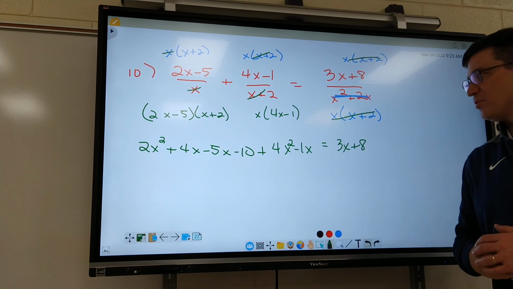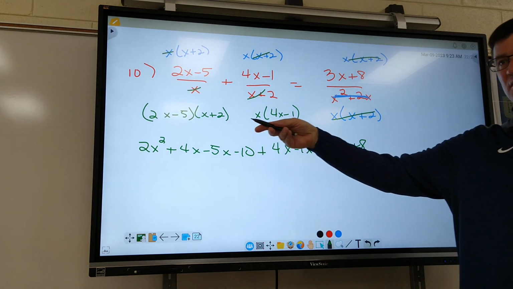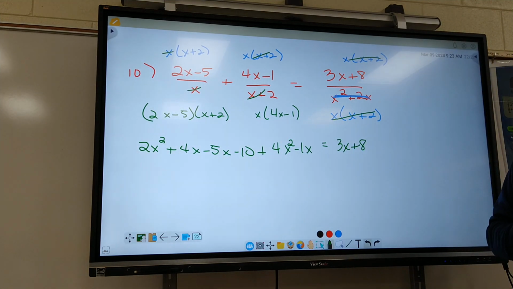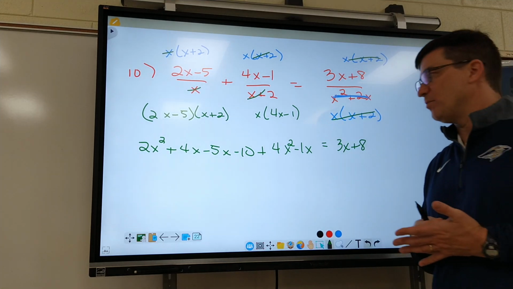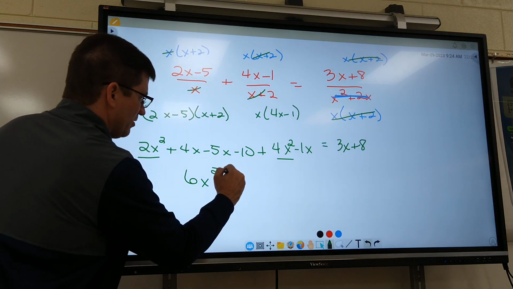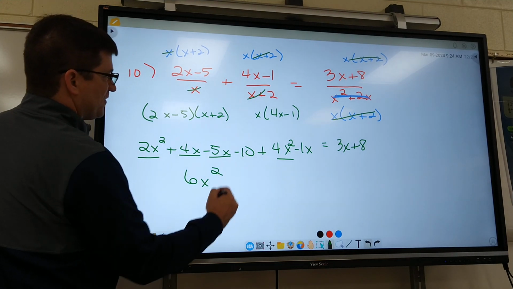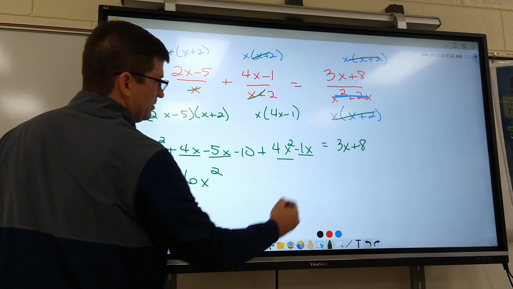All right, this one does look pretty nasty. We're going to have to do quadratic formula on this one because I've got some x squares. So I'm going to add up my like terms, get everything on the left side, get it in order so we can do quadratic formula. 2x squared plus 4x squared is 6x squared. I got 4 minus 5 minus 1.